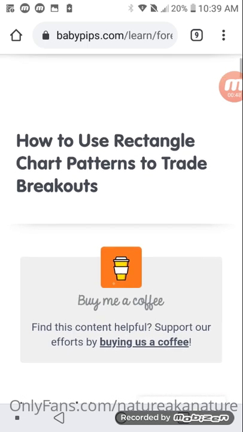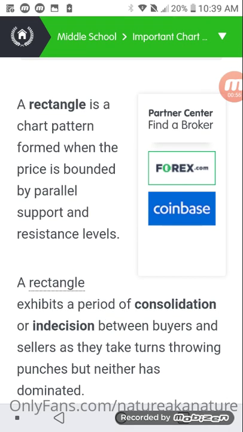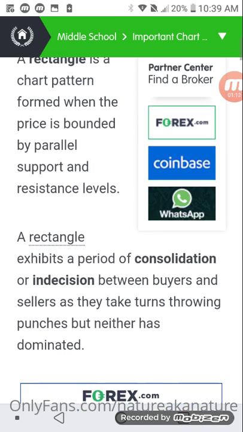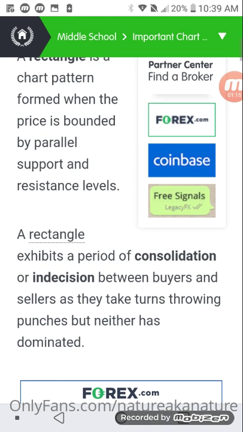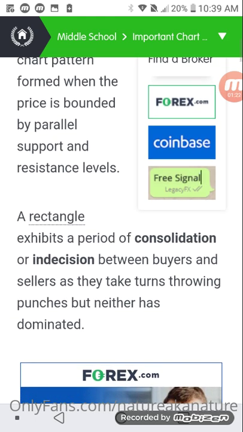In this next lesson, we're going to learn how to use rectangle chart patterns and how to trade breakouts. A rectangle is a chart pattern formed when price is bound by parallel support and resistance lines. A rectangle exhibits a period of consolidation or indecision between buyers and sellers as they take turns throwing punches, but neither has dominated.